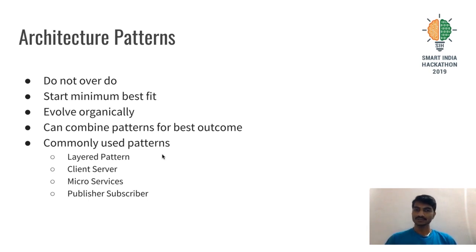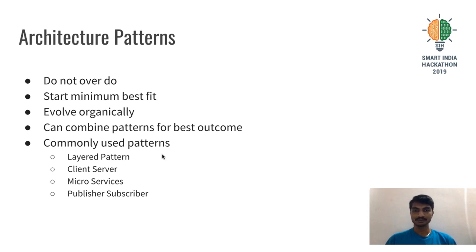So what are the things we need to consider when we are choosing our architecture pattern? The first thing: do not overdo. People tend to choose the most advanced or most modern architecture pattern, and then they get into the problem of a complex system, which will increase your development time and make it very cumbersome for us to grow the system.